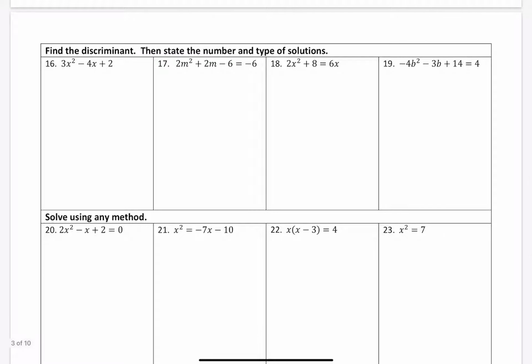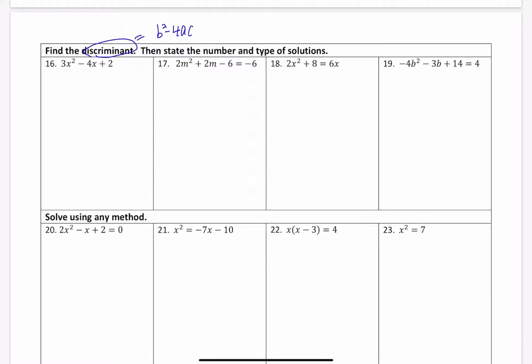Next question. Find the discriminant, then state the number and types of solutions. What's the discriminant? Discriminant is b squared minus 4ac, right? And this is how you interpret the discriminant.